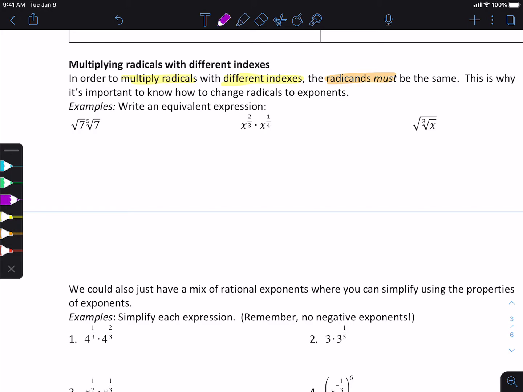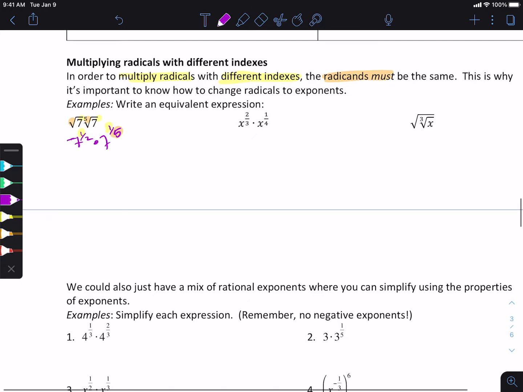So here I can change this to be 7 to the 1/2 and 7 to the 1/5, right? Because we had an unsaid 1 here and an unsaid 1 here, and the kind of root was the 5th root. Oh, I wrote a 2 when I wanted a 5. Sorry. So now we have, and I need a multiply sign, 7 to the 1/2 times 7 to the 1/5.